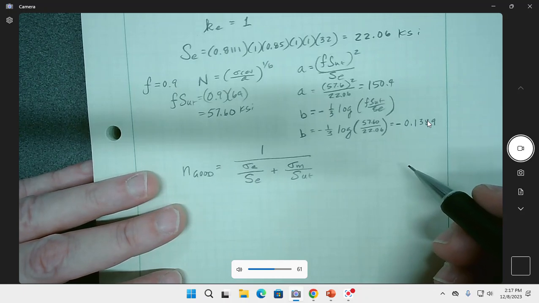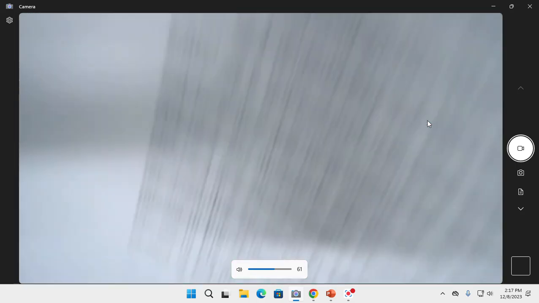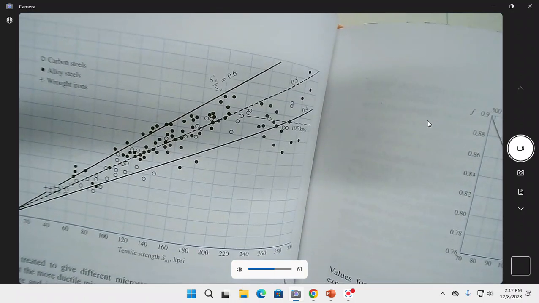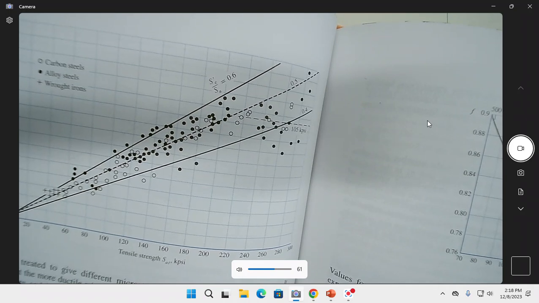This is one of those things where you have to be careful not to blindly follow an equation, but apply knowledge. What causes fatigue? A crack opening and closing. If there's compression, it will not open and close.